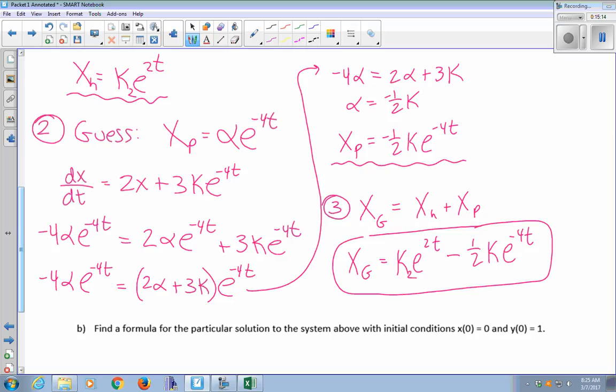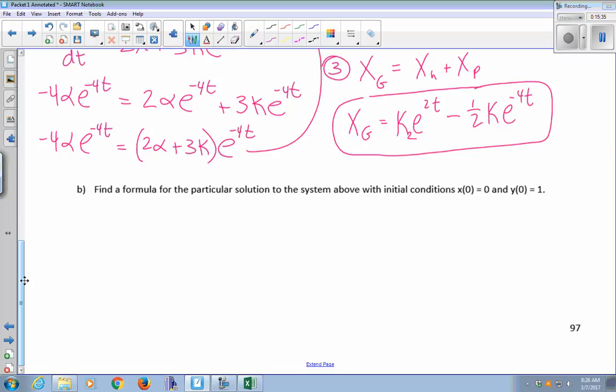Yeah, I know. So we're stuck with a system that has two different coefficients then? Yeah, which is why, look at part B. I gave you two initial conditions, one for x and one for y. I see. So now you can solve for your k and your k2. I see. So you have two pieces of information now. Okay, so x of 0, well, let's write down x of t is x general.